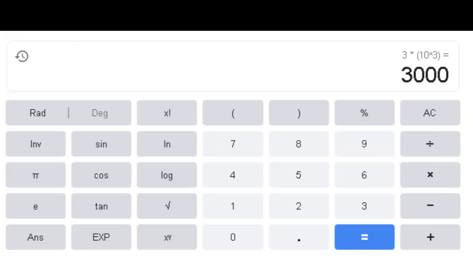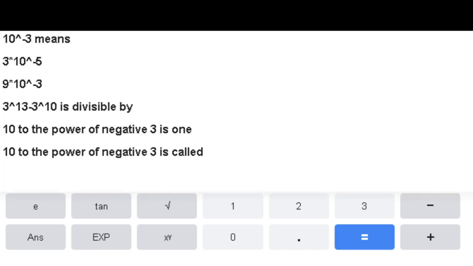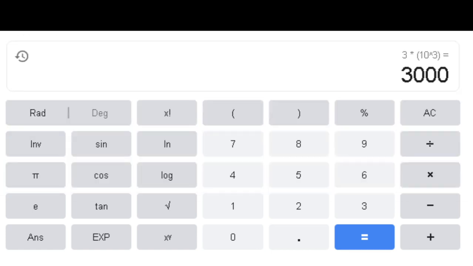Now let's go back to the calculator once again. This is what we got. That's how you do it with these numbers. Now let's go back to the whiteboard once again.